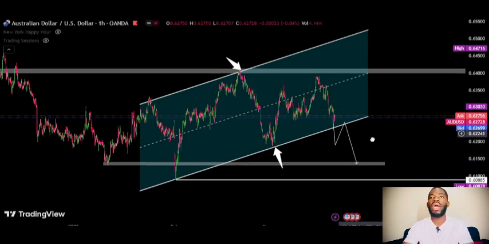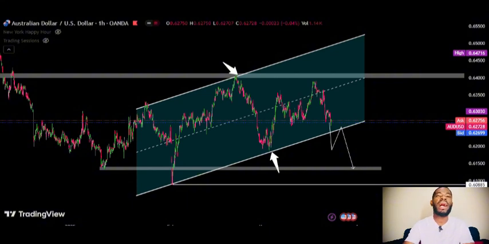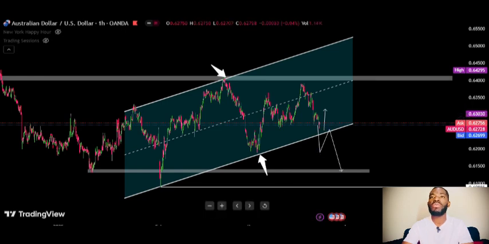Okay, should AUD/USD bounce off of this area, this is another way of trading this bearish flag chart pattern. If AUD/USD bounces off of this area, you can buy or sell within the bearish flag chart pattern.